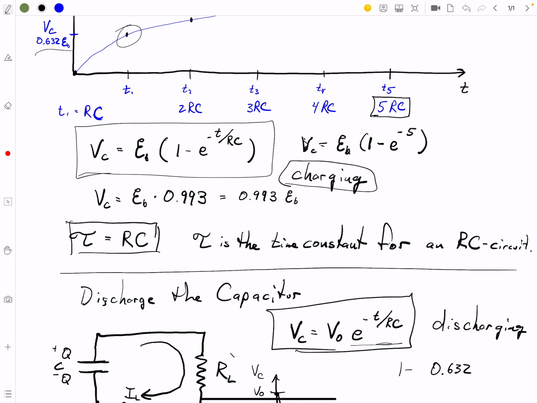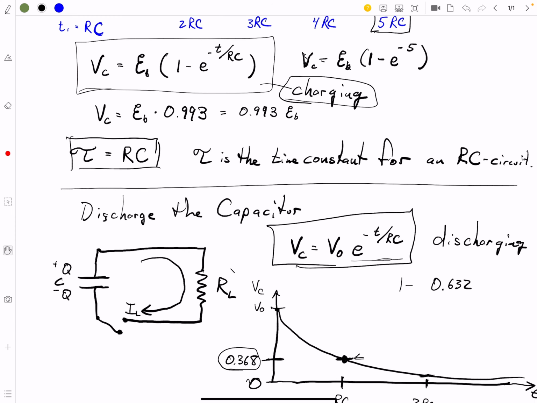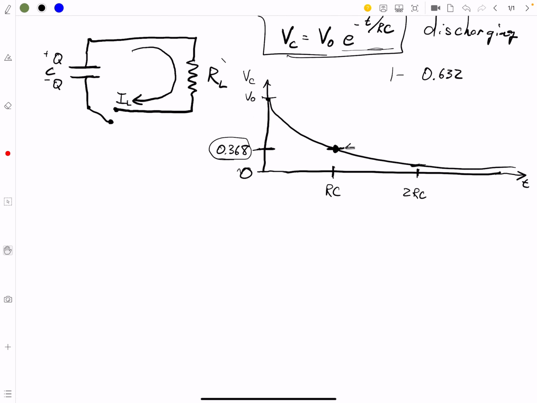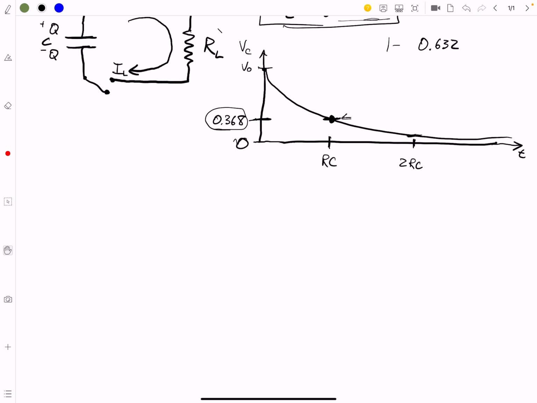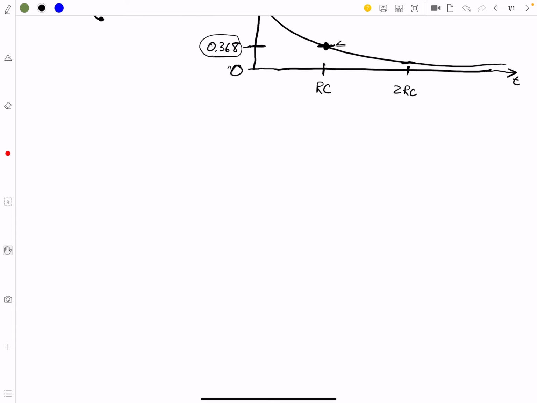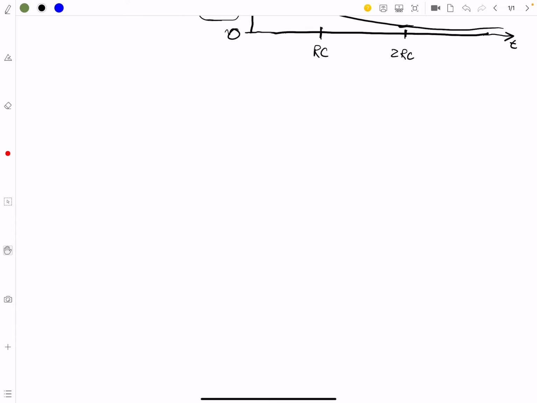So charging and discharging of a capacitor. At any rate, those are the equations that work. You're going to need to know those. And we're going to do an example. One of the best examples is flash photography, okay?